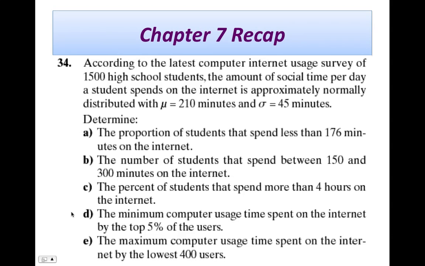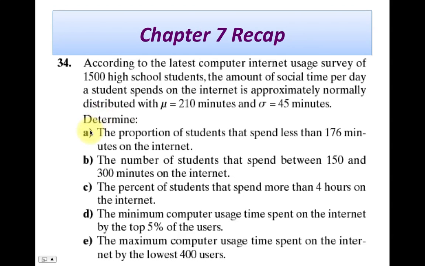With 34, let's recap this. According to the latest computer internet usage survey of 1,500 high school students, the amount of social time per day a student spends on the internet is approximately normally distributed. So you've got the bell curve. The mean is 210 and the standard deviation is 45.